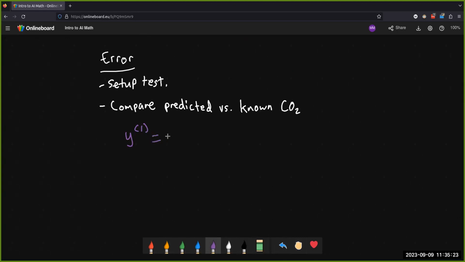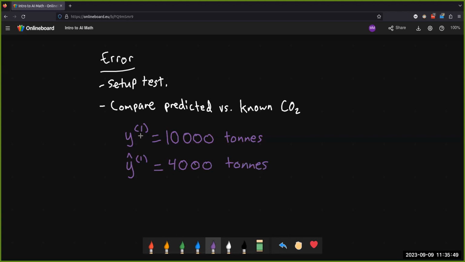So let's say the very first power plant is generating 10,000 tons of CO2 emissions. And we get back, let's say, the predicted value from the algorithm, again, for the first power plant, not an exponent, just means first. Let's say the predicted value is like 4,000 tons.